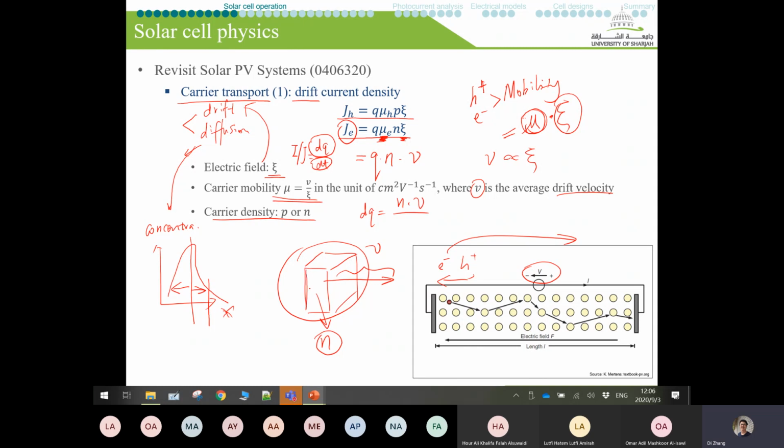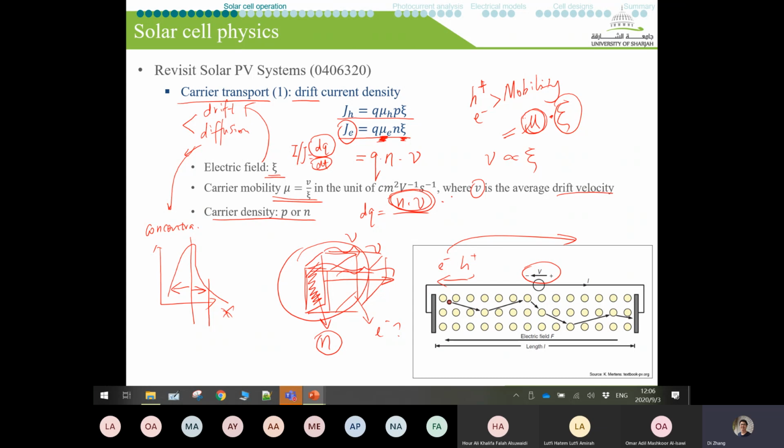Because if you have the concentration per unit cross-section area, multiplied by the velocity, this equals the number of electrons in this volume. We're looking at the volume here. How many electrons do we have inside? They should equal precisely n times velocity.